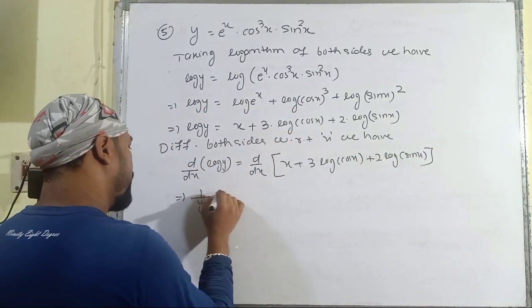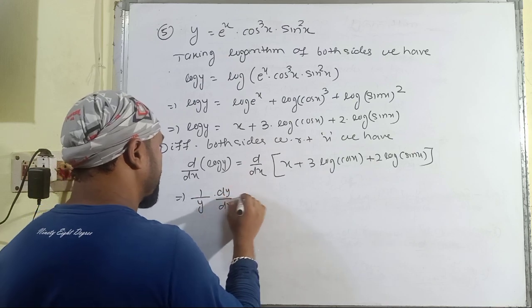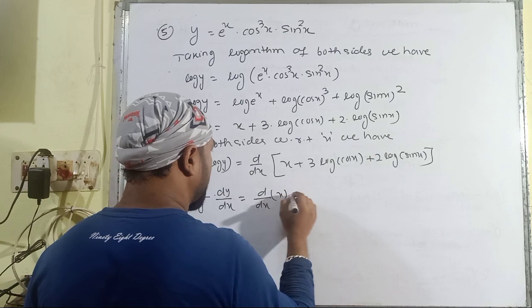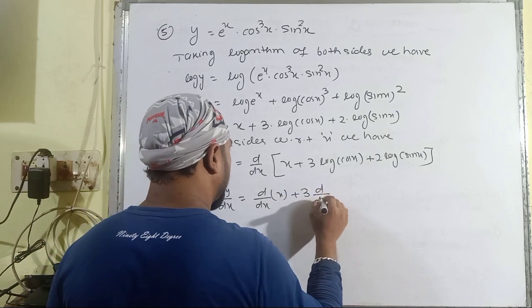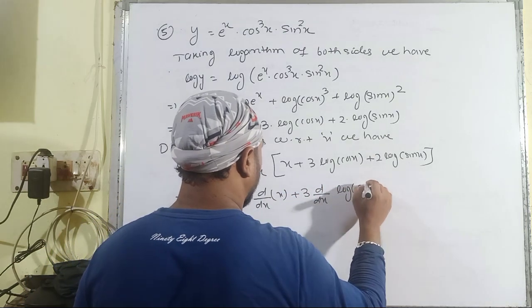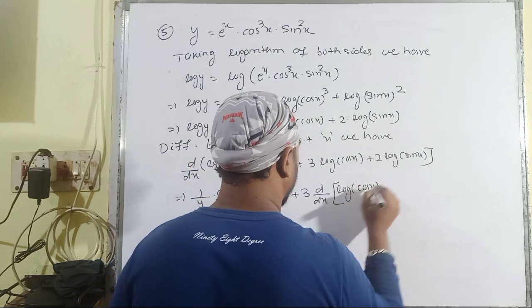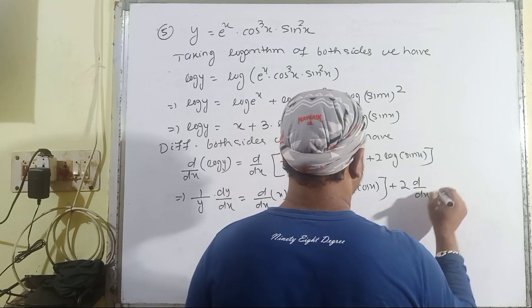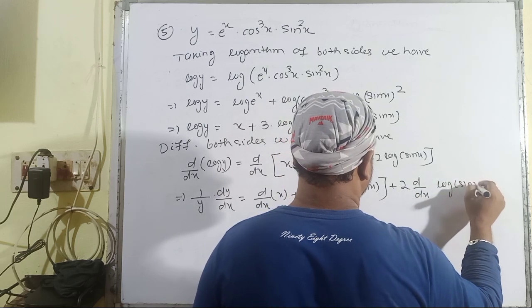It is 1/y dy/dx, then the differentiation of x with respect to x plus 3 multiplied with the differentiation of log cos x, then 2 multiplied with the differentiation of log sin x.